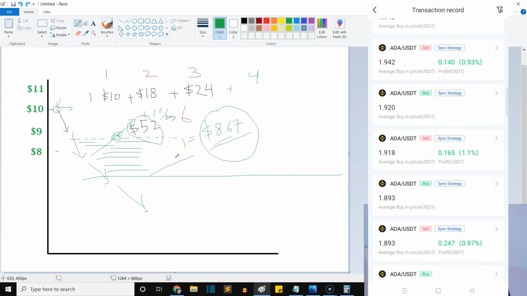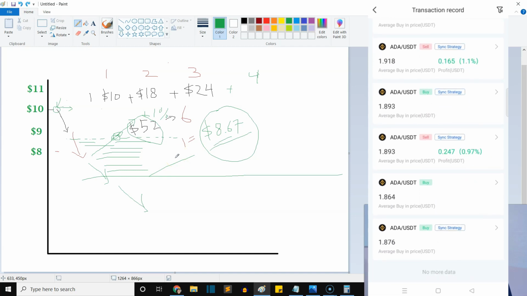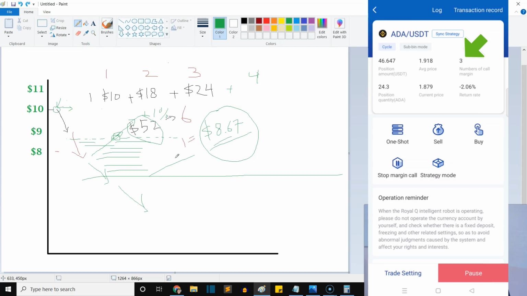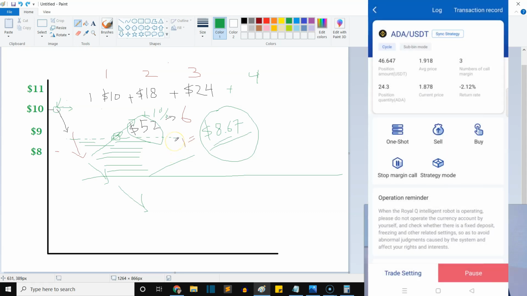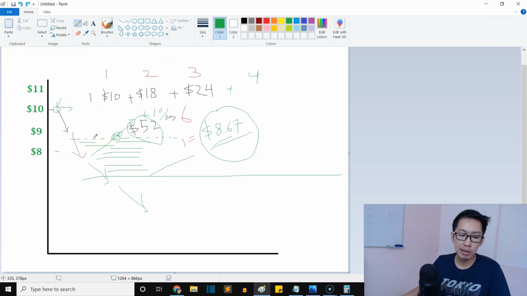And people usually use this when they see here that the number of margin calls is above 15 or above 10, they will actually switch this strategy mode to sub-bin mode, okay? Because we want to get out of that floating loss. Because if we use sub-bin mode, Royal Q actually doesn't take the 20% of their cut.